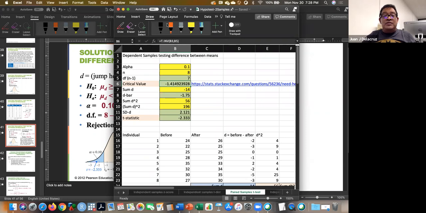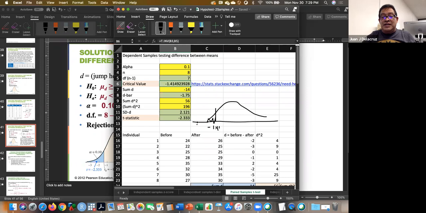Now I am going to do my t-distribution. This is a left tail test. This is my rejection region. My critical value is going to be minus 1.41, and my test statistic is going to be 2.33.